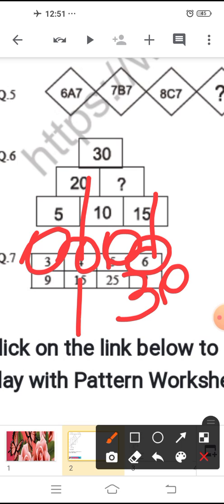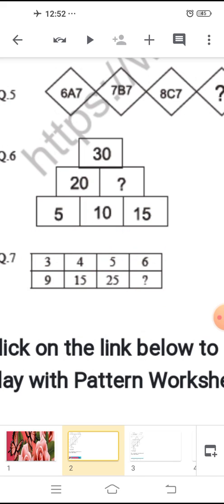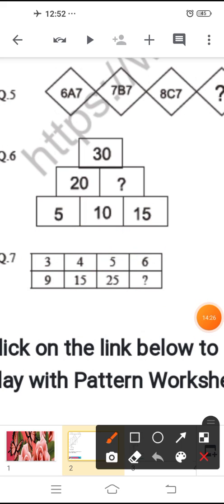So your answer should be 30. Don't get confused that 5 fives are 25, 3 threes are 9, so we have to take 6 sixes are 36. No, we have to leave one box, means 6 fives are 30. That will give you the same pattern form, because we have to follow the same pattern form. So your answer should be 30.